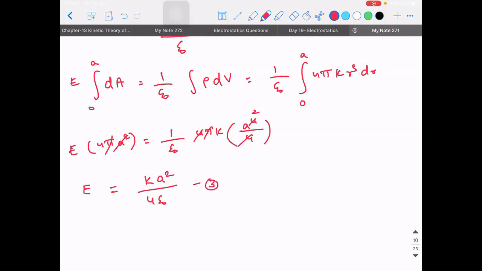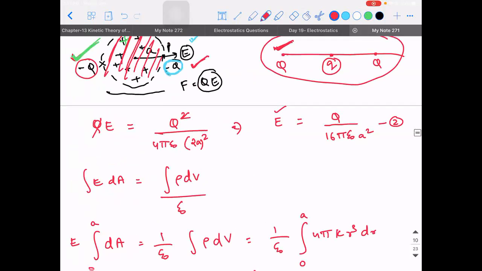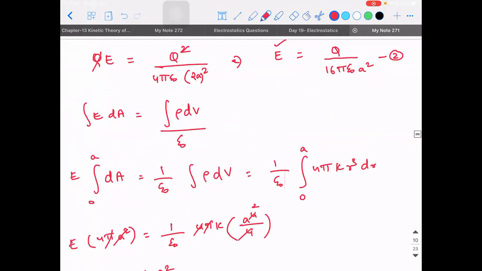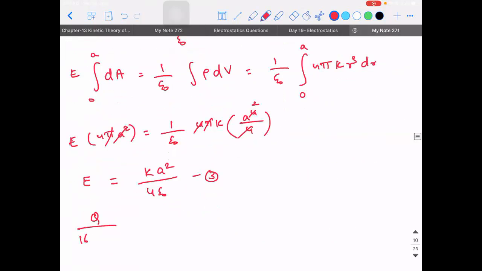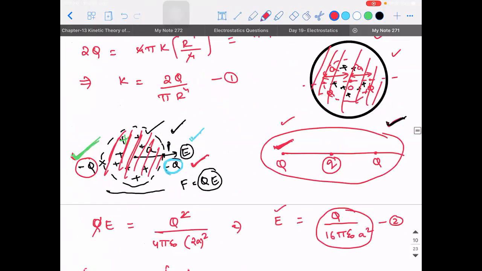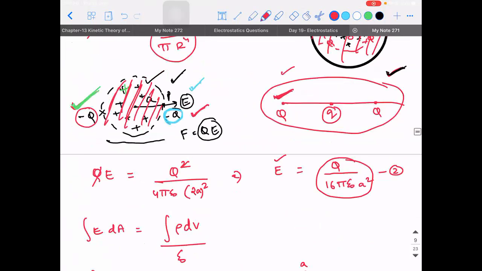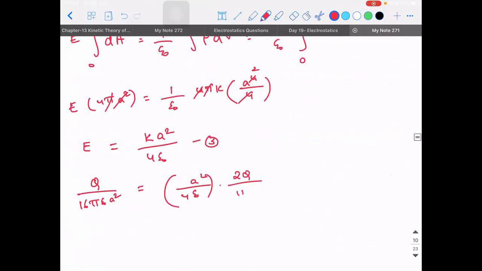Let this be equation 3. So from 2 and 3, what can you do? Q divided by 16 pi epsilon naught a square is equal to a square divided by 4 epsilon naught into, in the place of k, can I write it as 2Q by pi r power 4? So pi and pi will get cancelled. Q is gone.